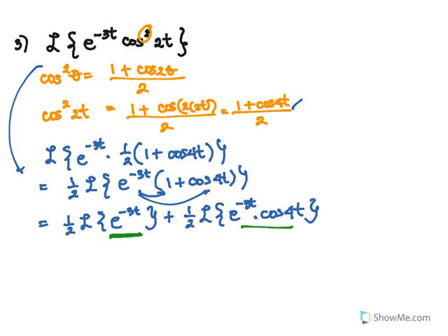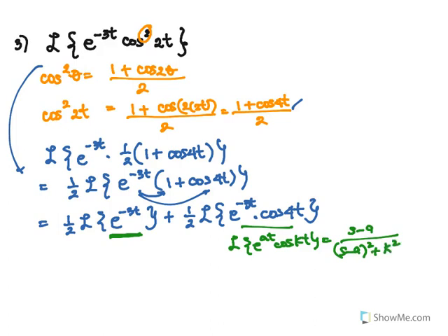The Laplace transform of e to the at cosine of kt is s minus a over s minus a squared plus k squared.